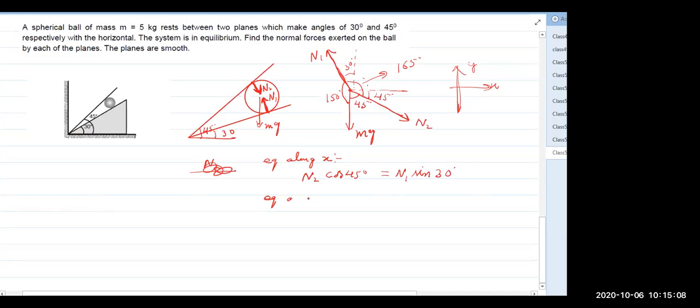Similarly, the equation along y: vertical is N1 cos 30, and on the other side, the downward side is mg, and then N2 sin 45 downward. So these are the equations. We can simplify them.